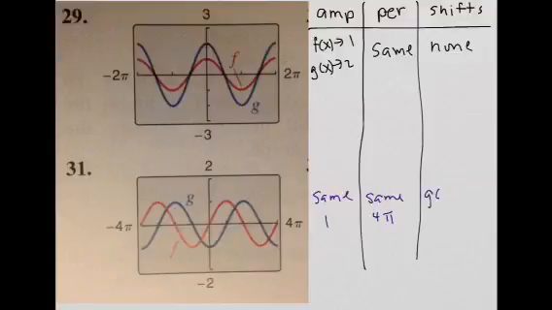So g of x shifts right pi units, because every tick mark on this graph is pi. That's how I know, because there are 4 tick marks and the fourth one is labeled 4 pi. So the blue graph, if I shifted it back to the left pi units, would be right over the red one. Okay, and that's it.